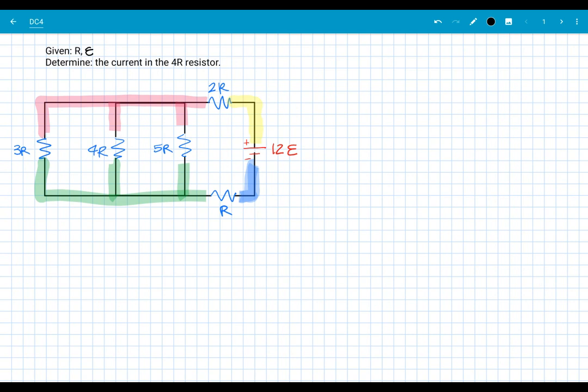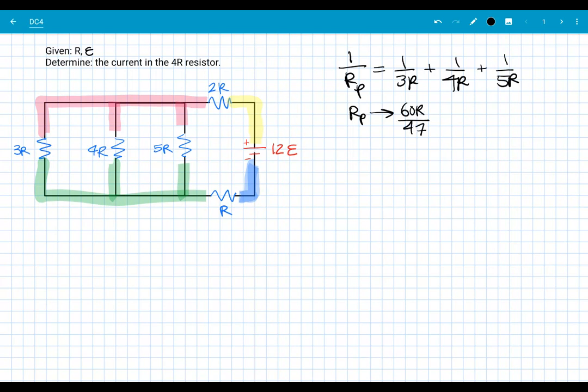They have the same potential difference. 1 over that parallel resistance is going to be 1 over 3R plus 1 over 4R plus 1 over 5R. Once you do that math, which I'll leave to you, and you can see more details in the written solutions, that parallel resistance is equal to 60R over 47.